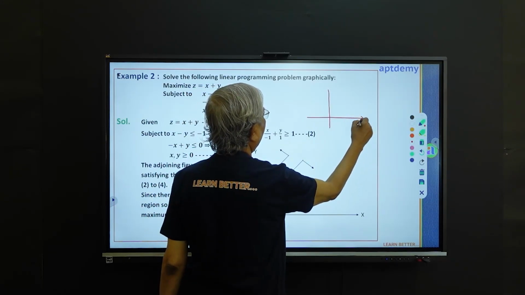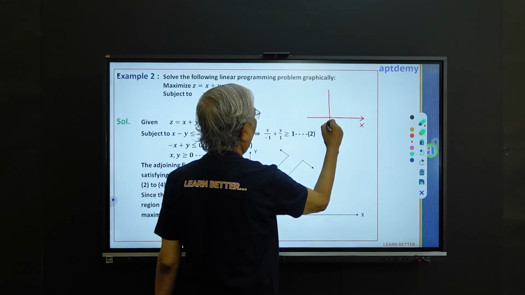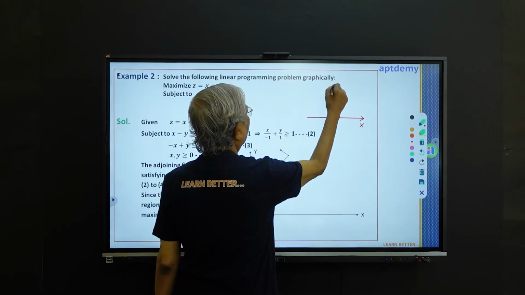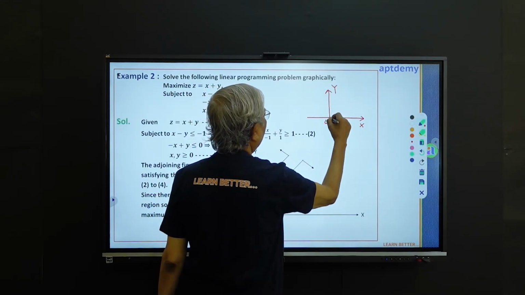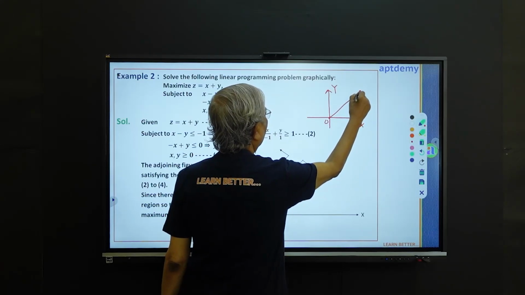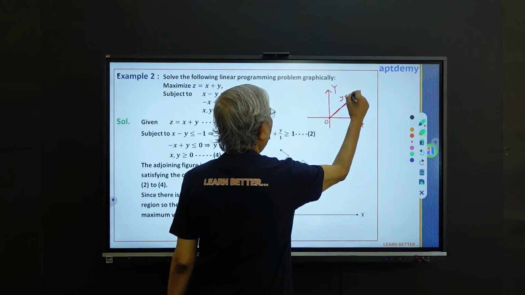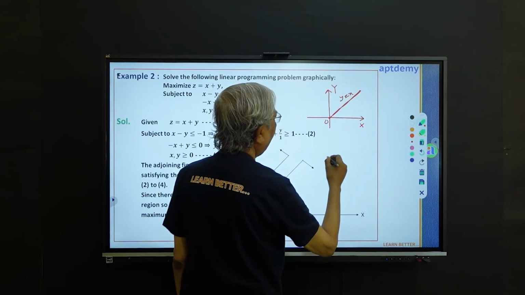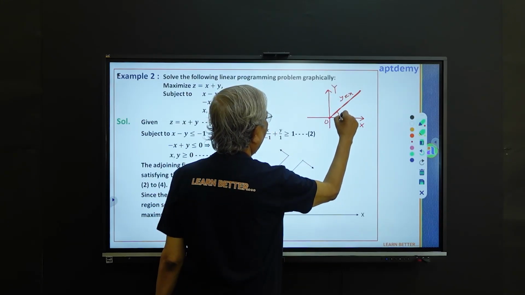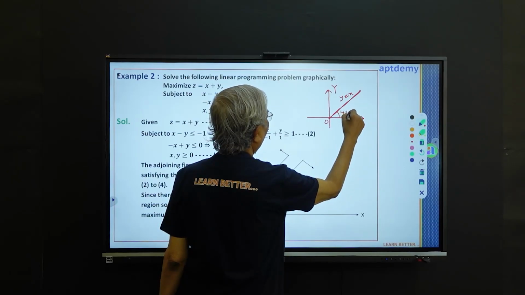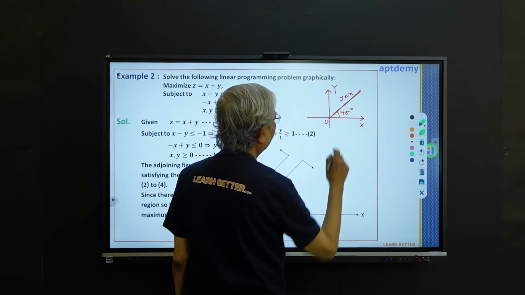This is the x axis and this is our y axis. This is the line y equal to x. This line passes through the origin and makes an angle of 45 degrees with the x axis.